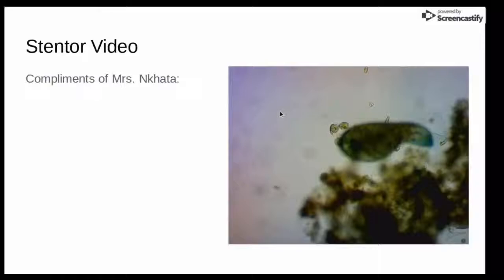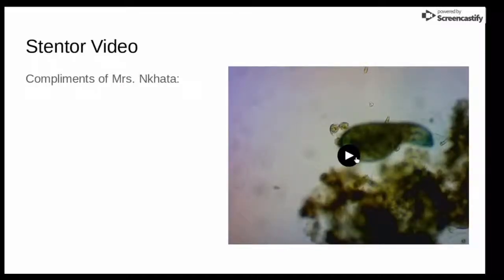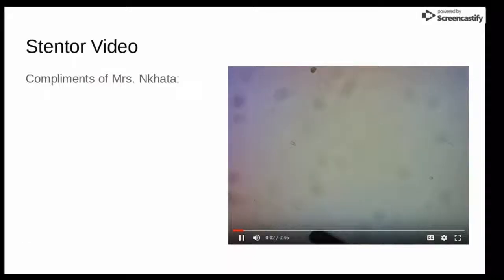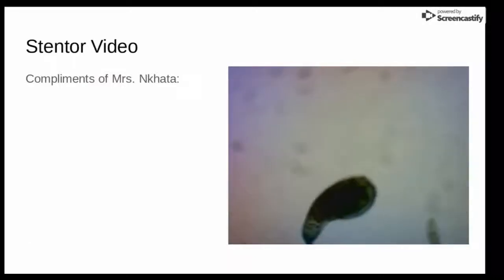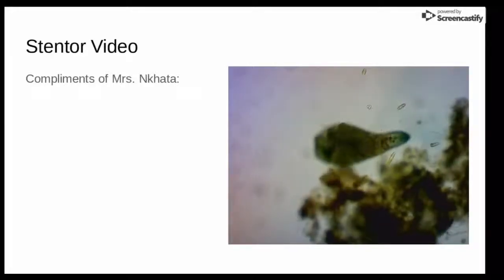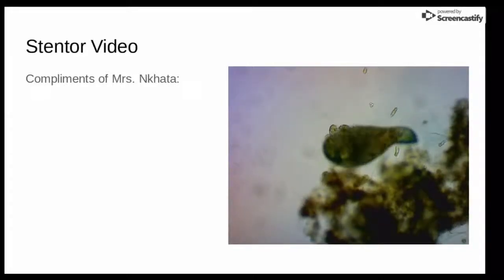So this right here is, back it up, this is the cilia in the stentor, which helps it. Okay, this is the stentor video. That's just it swimming around, as you can see, passively eating whatever comes its way.